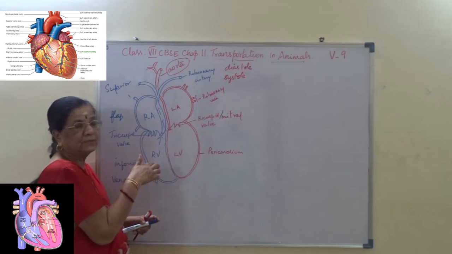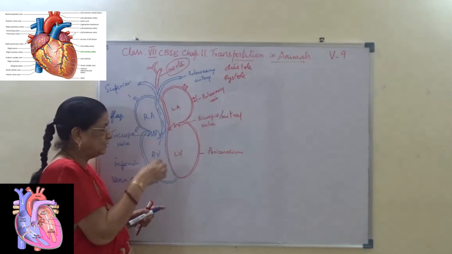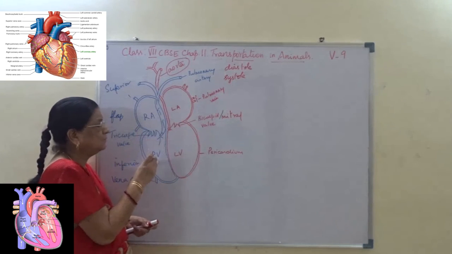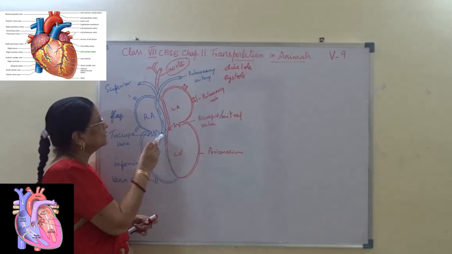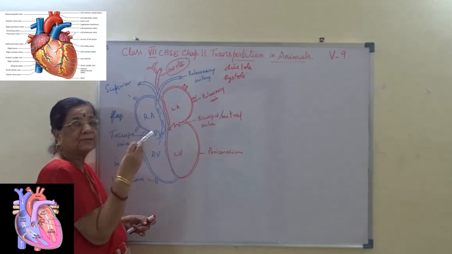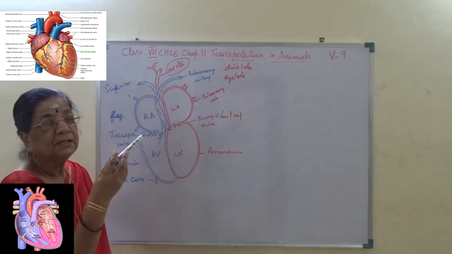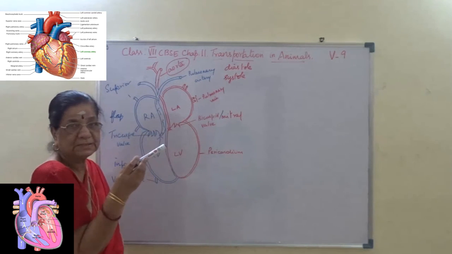So I repeat, when the right ventricle contracts, impure blood or deoxygenated blood from the right ventricle through the pulmonary artery is reaching the lungs for purification. Semilunar valve will be present.